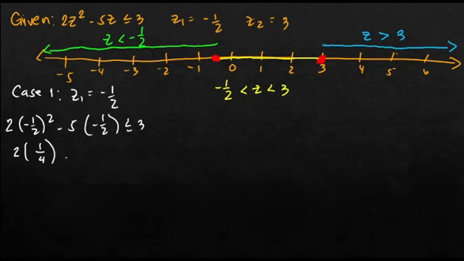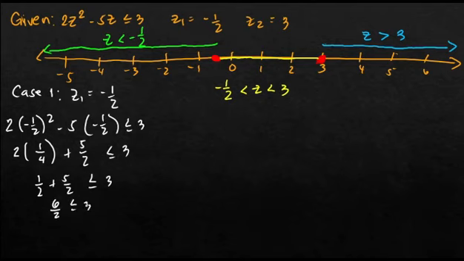1/4. And then negative 5 times negative 1/2 is positive 5/2 less than or equal to 3. And after that, 2 times 1/4 is 2/4, or 1/2, plus 5/2 less than or equal to 3. 1/2 plus 5/2 is 6/2 less than or equal to 3. 6 divided by 2 is 3 less than or equal to 3.